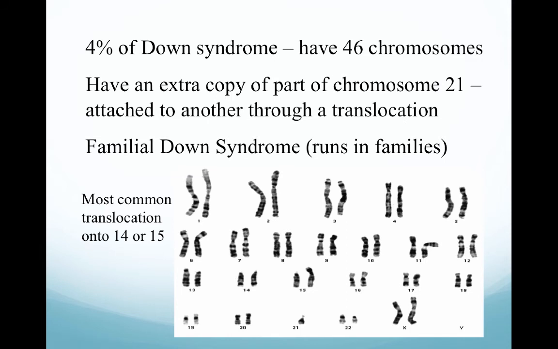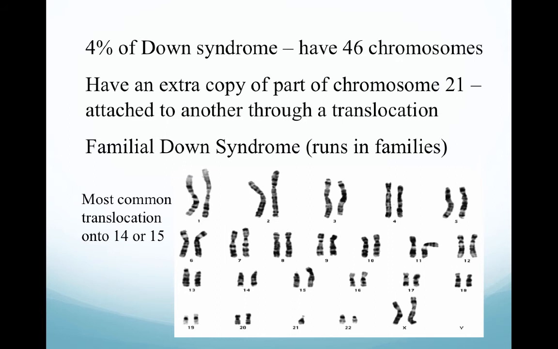Okay, so in 4% of Down syndrome cases, they do have 46 chromosomes, so that's different than what we just looked at. But where we still see the Down syndrome phenotype happening is because part of this chromosome 21 actually went through a translocation process. So remember, translocation is exchange of genetic material between non-homologous chromosomes.